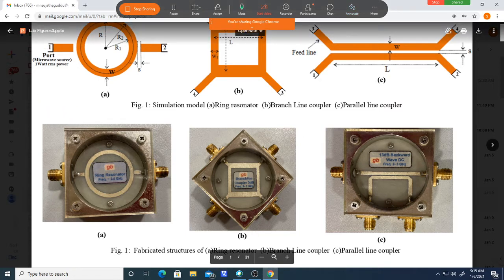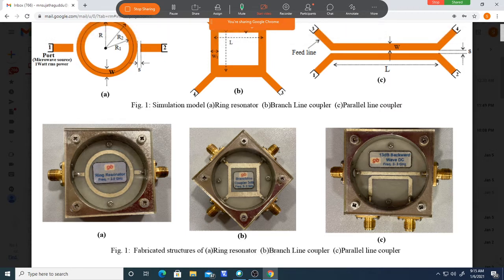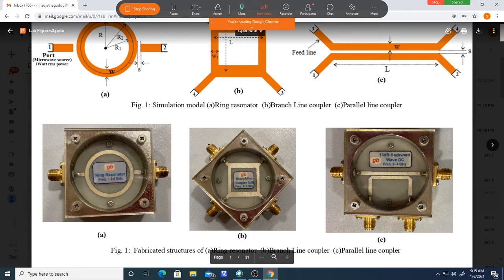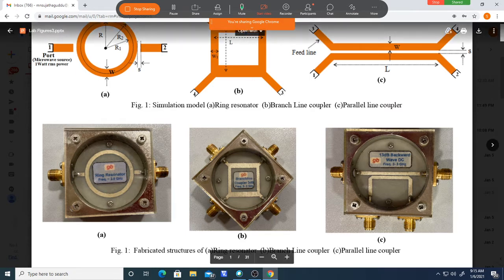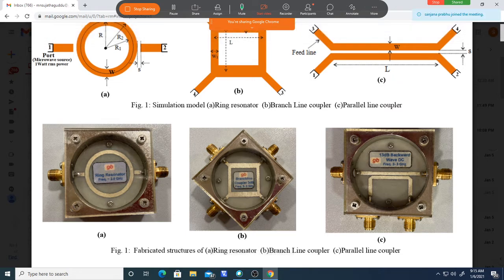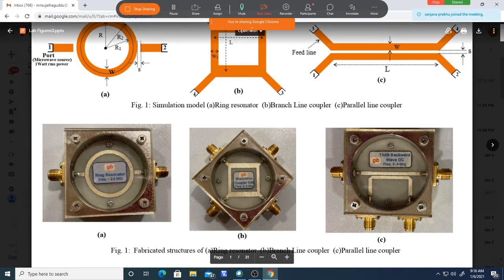Okay, so ports are there. If you want to measure a power, you should take the power output from here and connect a source to here, and the power should be measured from here. But as I said, we cannot measure the power from all ports simultaneously.